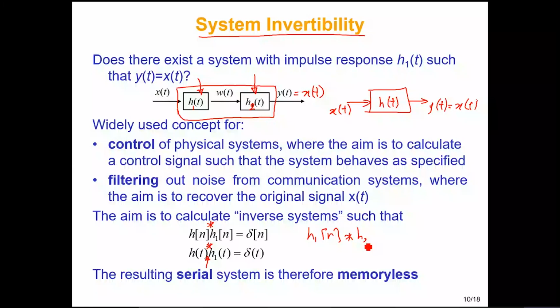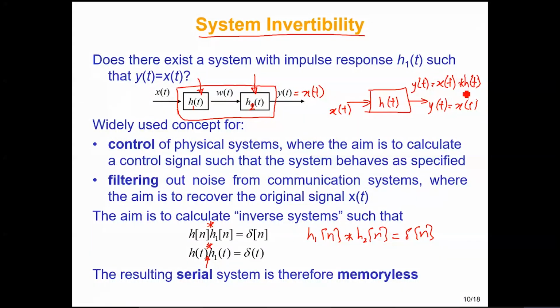Okay, and this actually led us to another important fact. The output y(t) would be x(t) convolved with h(t). So this property also led us to another important thing that we found out, that convolving anything with delta(t) gives us the same thing back.